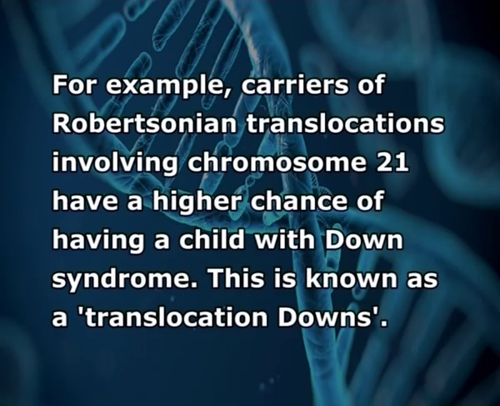Carriers of Robertsonian translocations are not associated with any phenotypic abnormalities, but there is a risk of unbalanced gametes that lead to miscarriages or abnormal offspring. For example, carriers of Robertsonian translocations involving chromosome 21 have a higher chance of having a child with Down syndrome. This is known as translocation Down syndrome.